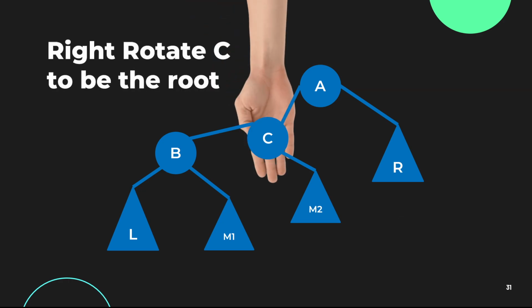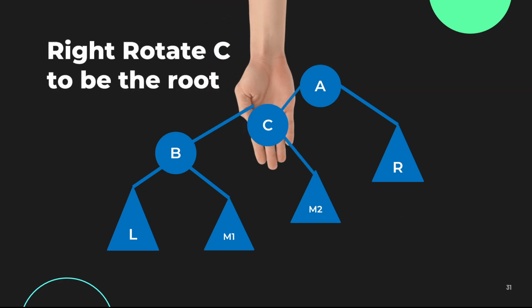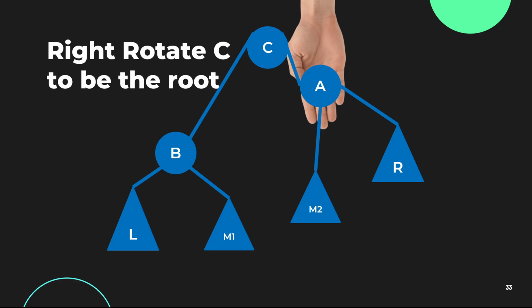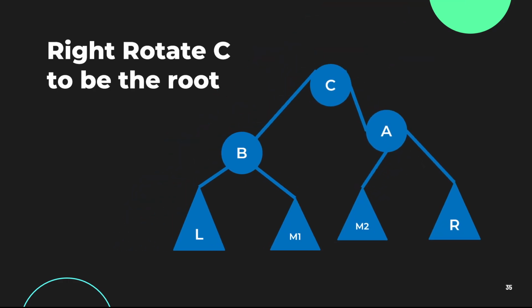I pull C and take it as my root node. And when C becomes the root node, I have to give up one of the children. Which one do I give up? M2. So I will give up M2 and connect it to the left subtree of the successor of C, that is A, and now this is already my balanced tree.